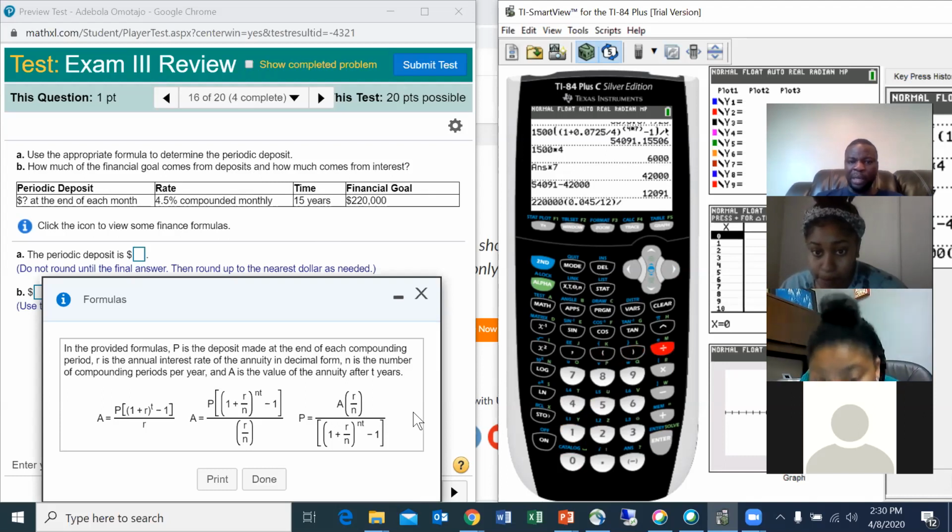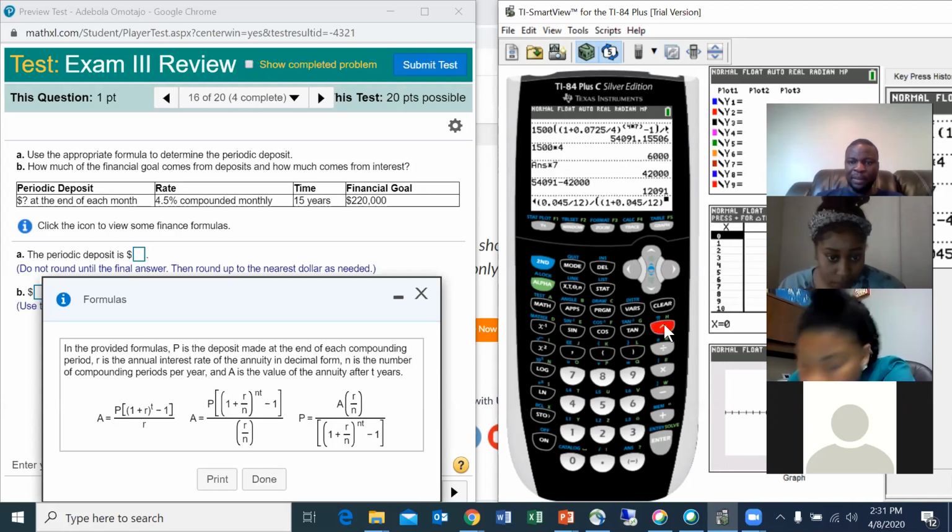We're done with the numerator. Now the denominator starts with 2 open parentheses. Then you have 1 plus R, which is 0.045, divided by N, so divided by 12, close parentheses. Now I have to do the exponent and put N times T inside that.